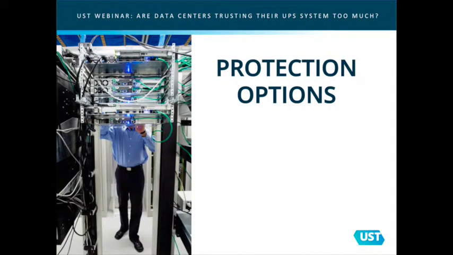So what does a data center owner do when he looks at protection? Well, we broke it down into three groups. You, of course, have redundancy, duplicate systems in order to make sure you have backups. You've got, of course, the UPS system. And typically, you might have a generator backup system as well.